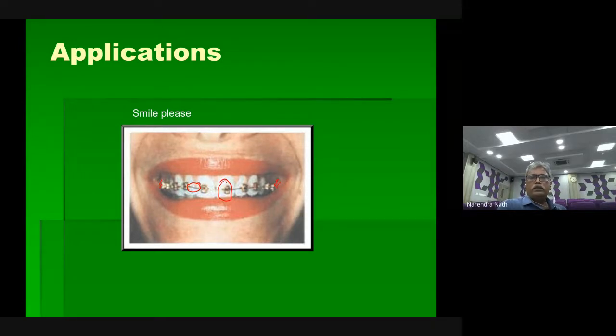If it is a normal wire, when you tighten it, it will break, and when it breaks you cannot use it. Whereas here, because of 8% strain recovery, when the teeth slowly come and become straight, the wire length is going to reduce.